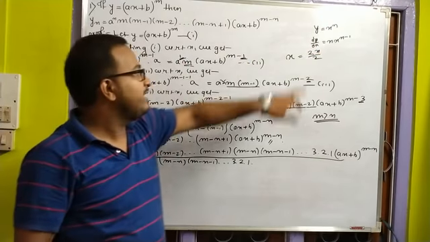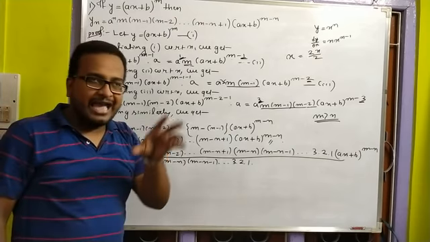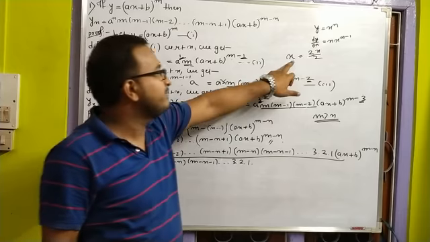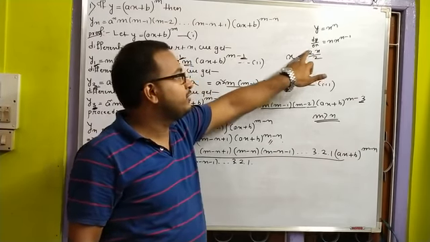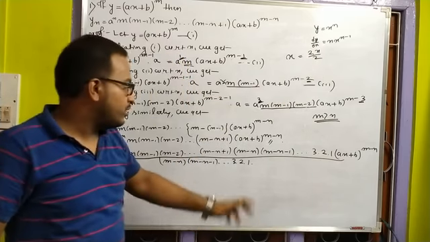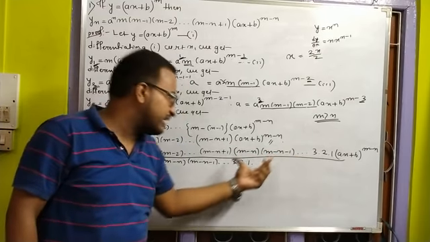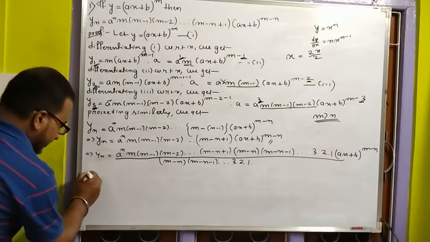With any quantity I can multiply and divide by the same quantity, isn't it? Because if you multiply x by 2, at the same time if you divide by 2, then obviously you will get x, right? So here what I have done, with the same quantity I have multiplied as well as divided this quantity, right?